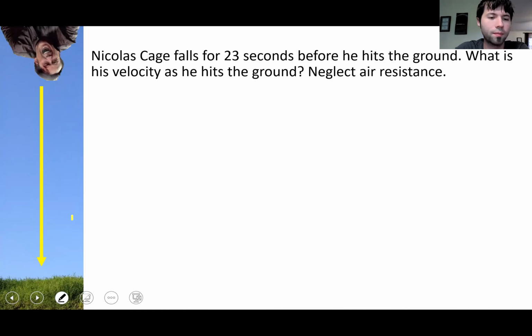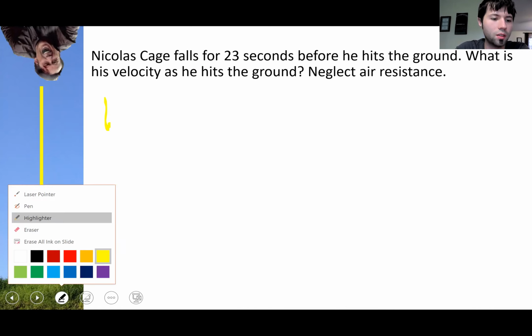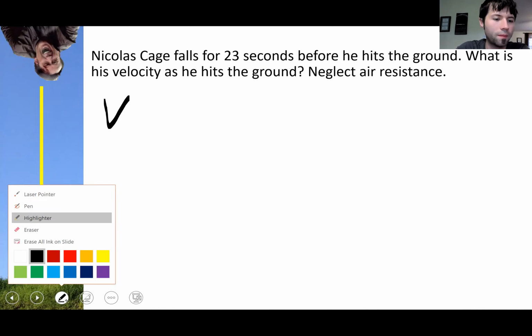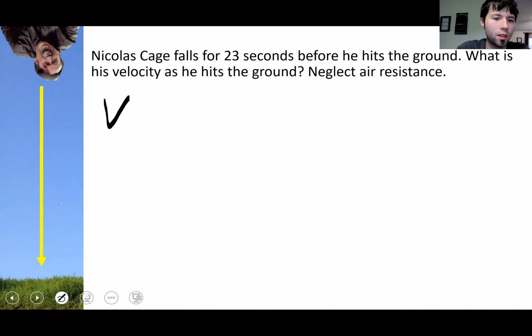Let's find out. Oh, that's an ugly color, excuse me. So here's our equation, velocity. I'm learning new things about my art tools here. Let me try this again.